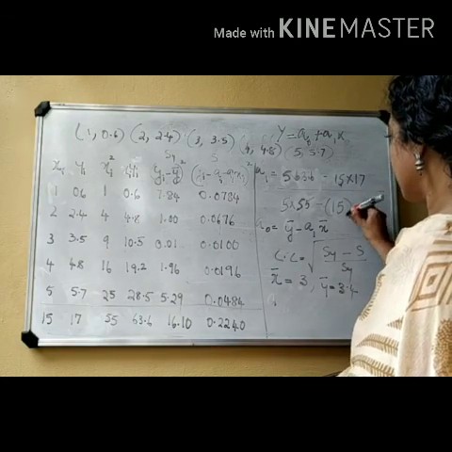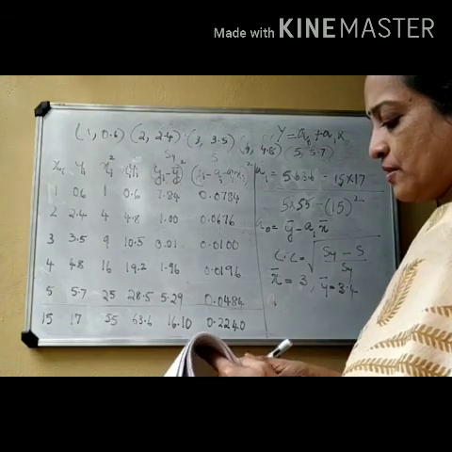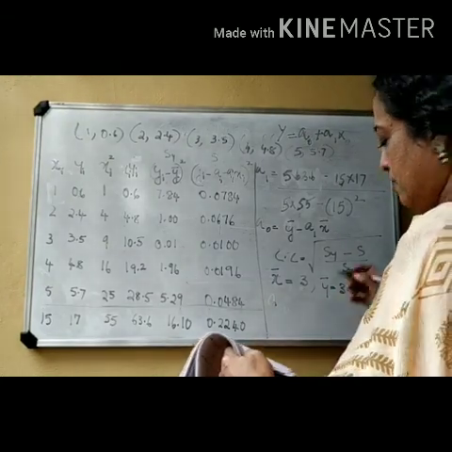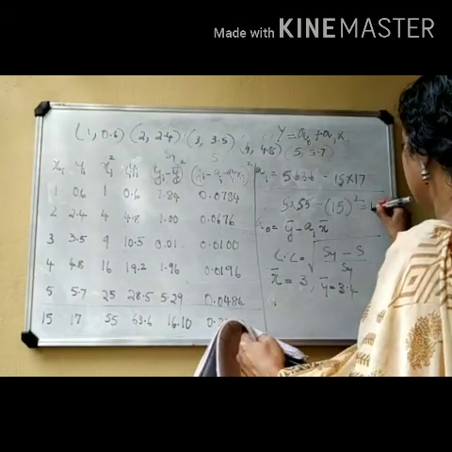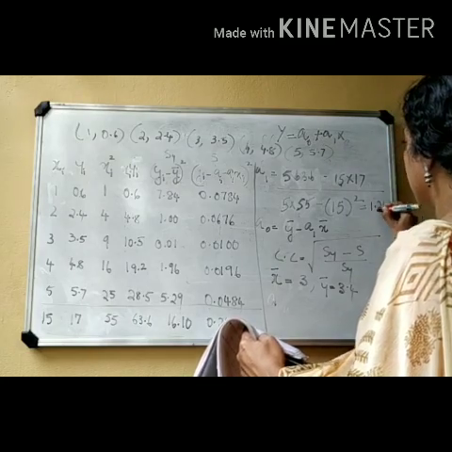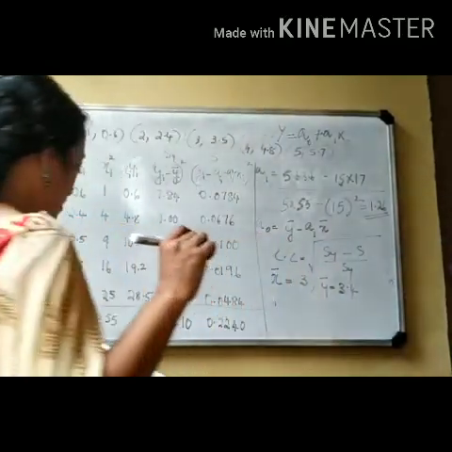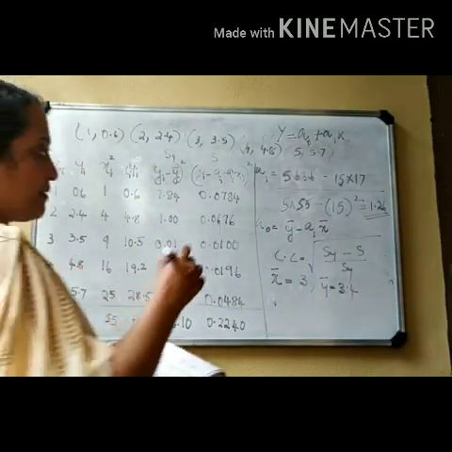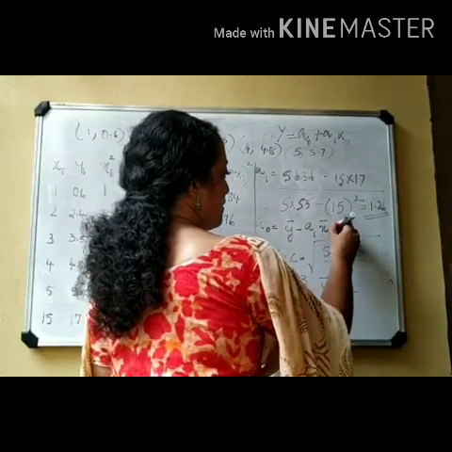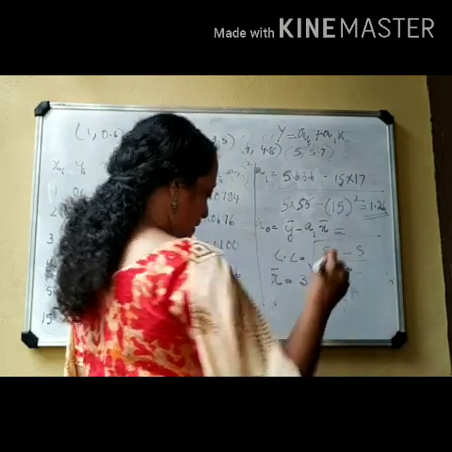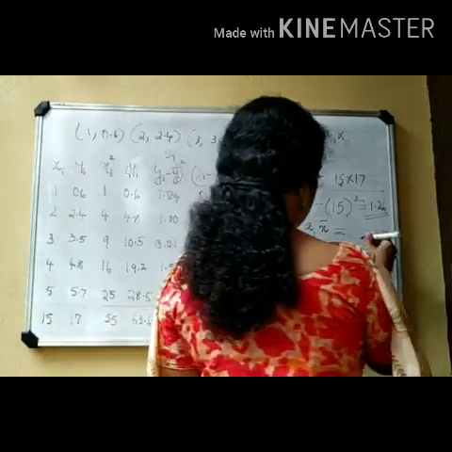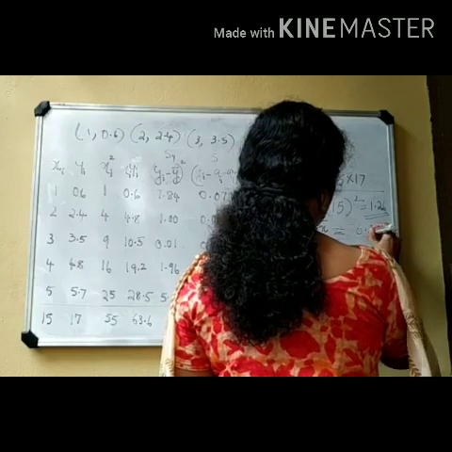When we calculate this, its value is 1.26. We get A1 as equal to 1.26, and A0, we may substitute all these values, and we are getting A0 equal to minus 0.38.